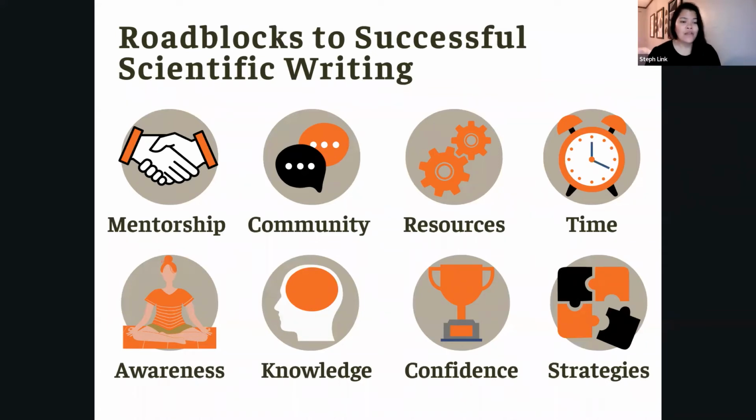We found that mentorship, community, resources, and time were all significant barriers to success. We could go on and on about those concerns, of course. We also found some more abstract concerns like awareness, knowledge, confidence, and strategies for how to be successful.